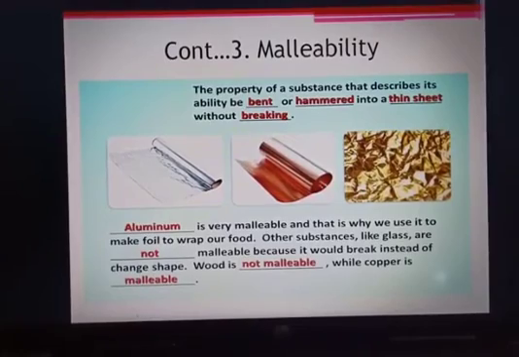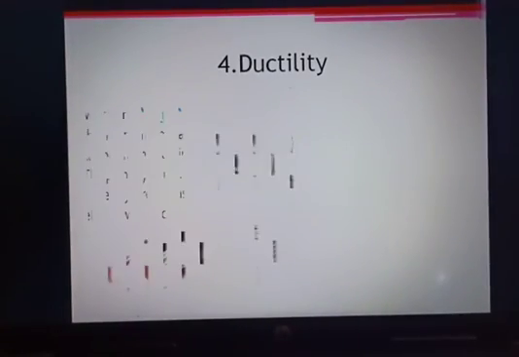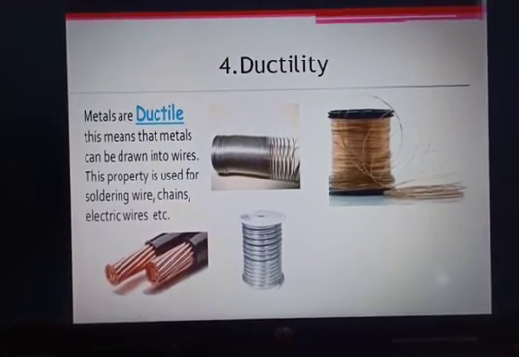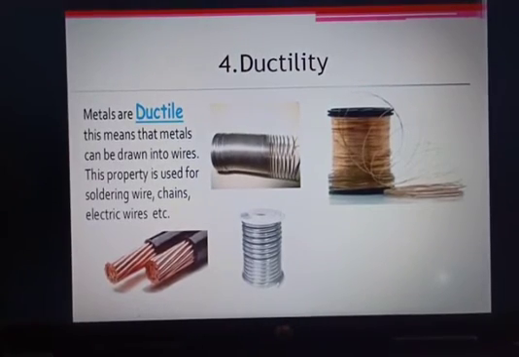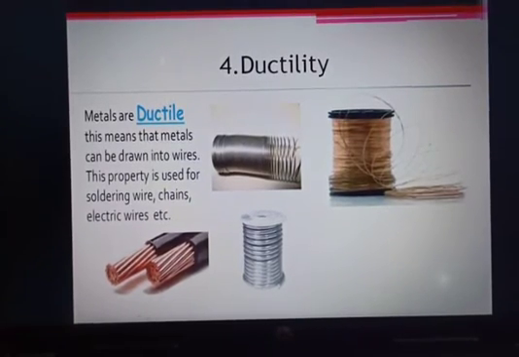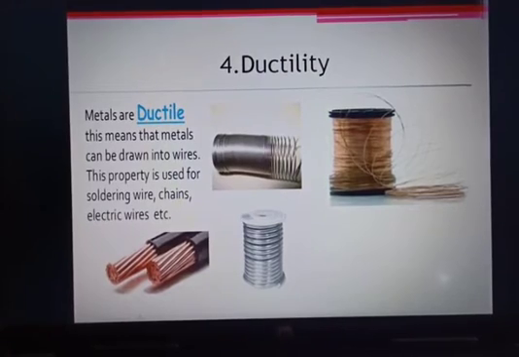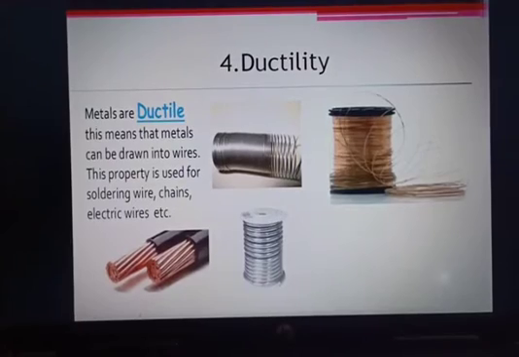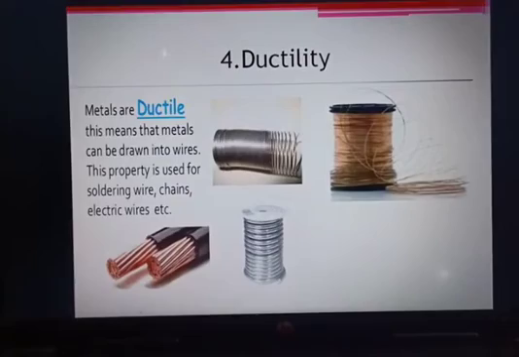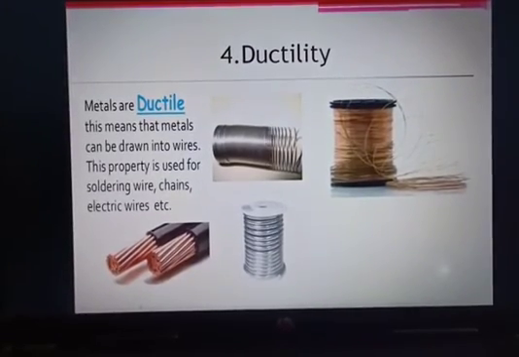The fourth property is ductility. Metals are ductile. This means that metals can be drawn into wires, and this property is used for making wires, chains, electric wires, etc. You must have also seen copper wire or thin gold wires used to make jewelry. Metals by this nature can be drawn into wires, and this property is called ductility of metals.